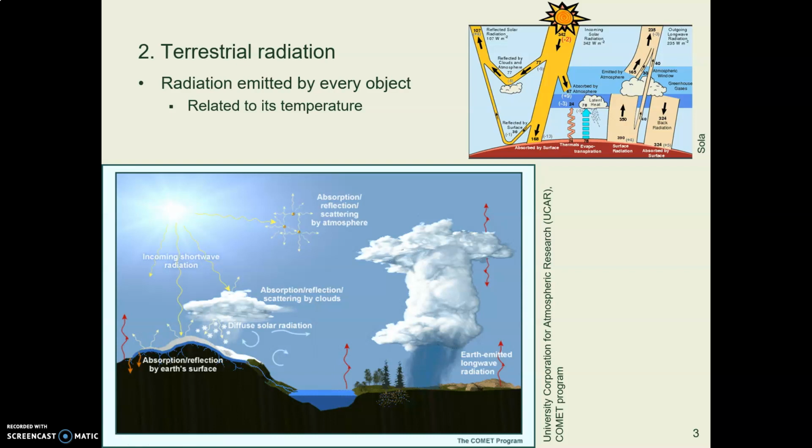Solar radiation comes from the sun. Terrestrial radiation, in the same wavelength, comes from every object on Earth. So everything emits radiation. It emits more radiation if it's warm, less radiation if it's cold.